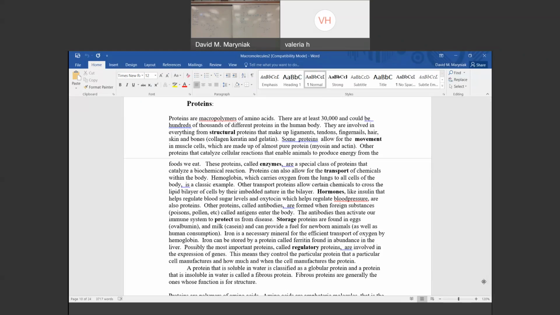How about collagen? So ligaments, would we say are structural? Hair, structural. Fingernails, structural. In that sense, would we like them to dissolve?